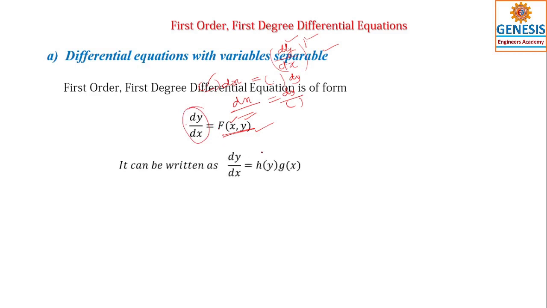It can be written as dy by dx equal to a function of y times a function of x, and we rearrange them like this and integrate, and this is the integration constant that we get after performing the integration operation, giving the general solution.